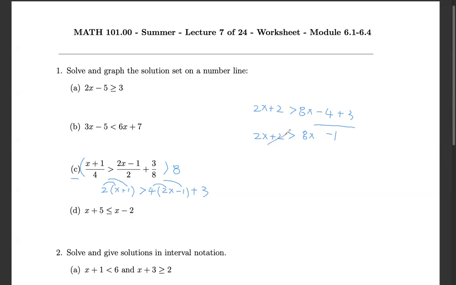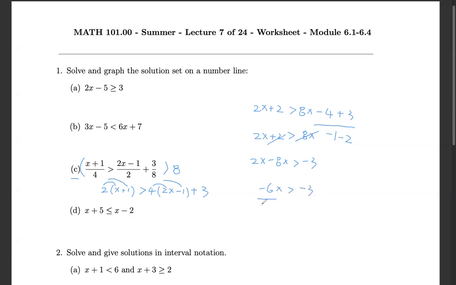Now move positive 2 to the other side, it becomes negative. Move 8x to the left-hand side, it becomes negative. -1 minus 2 is -3. 2x minus 8x, just think 2 minus 8, that's -6x. Greater than -3.